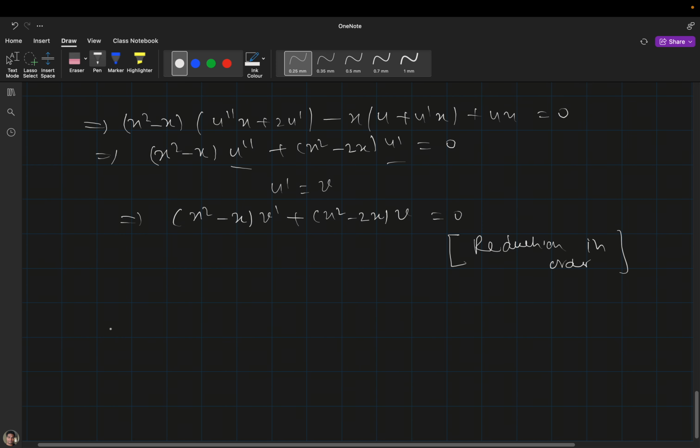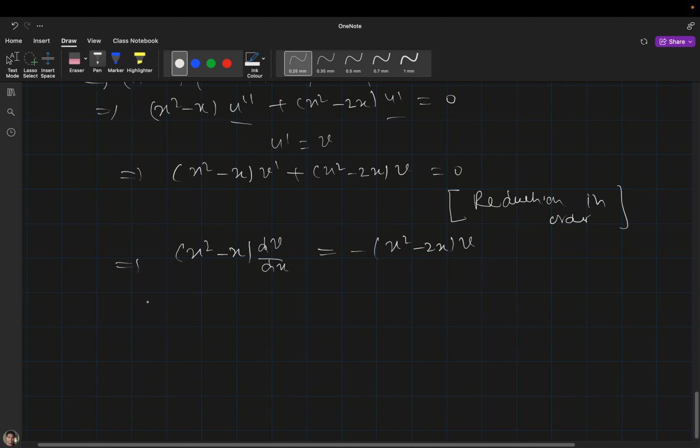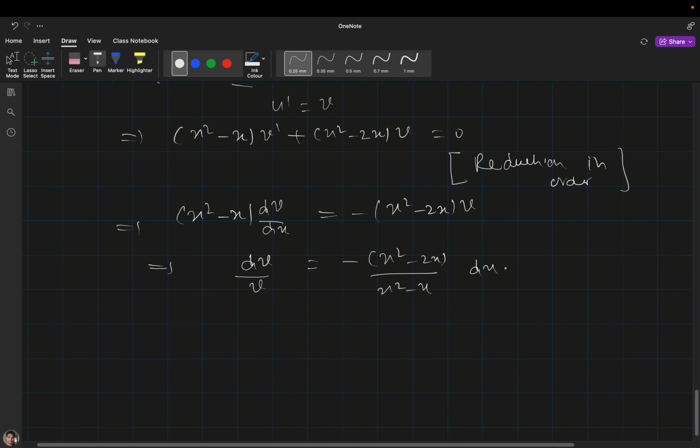Okay, now as you already know, in place of v dash, this is nothing but dv by dx, and here I can send it over, that is (x² − 2x) times v. Okay, now I can write dv by v equal to minus (x² − 2x) divided by (x² − x) dx.